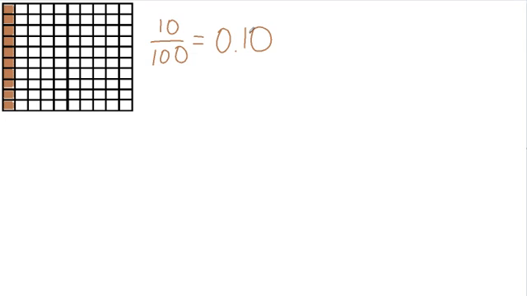We can also see that's one column. And if we count just the columns, we have 1, 2, 3, 4, 5, 6, 7, 8, 9, 10 columns. Then we can write that as one column out of 10 columns altogether.